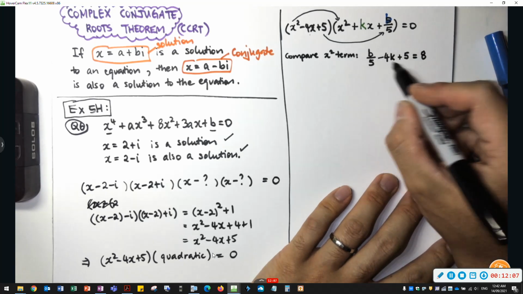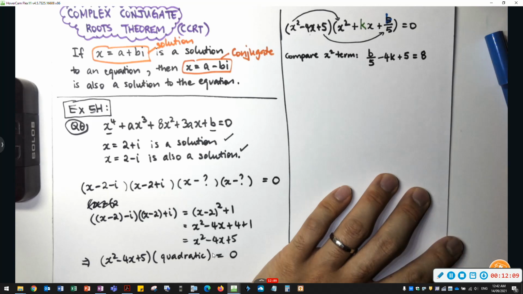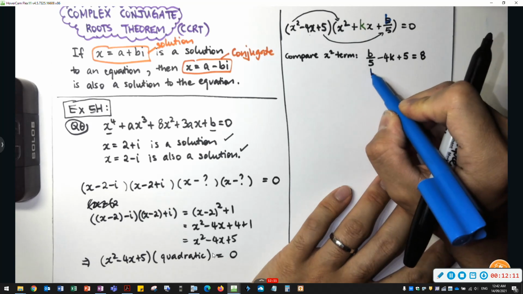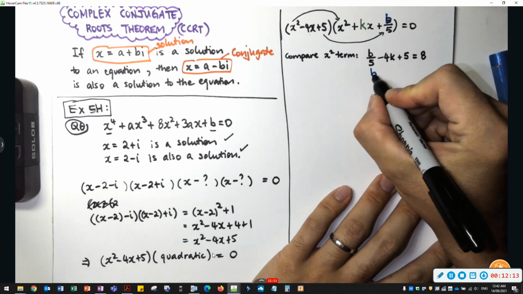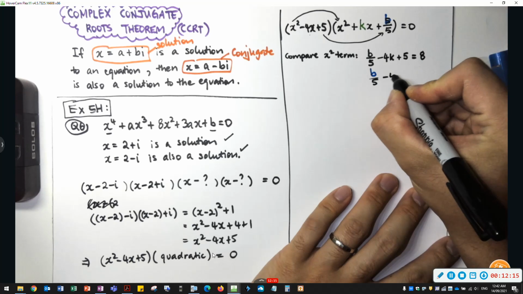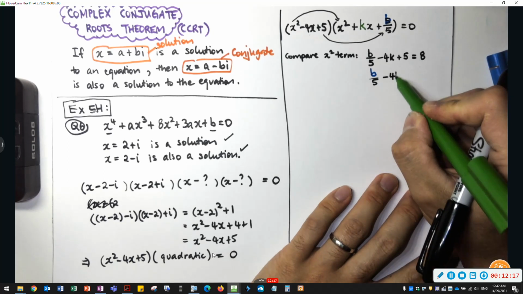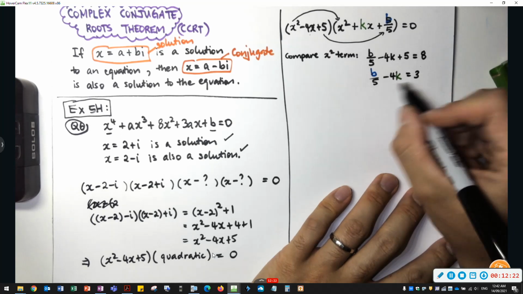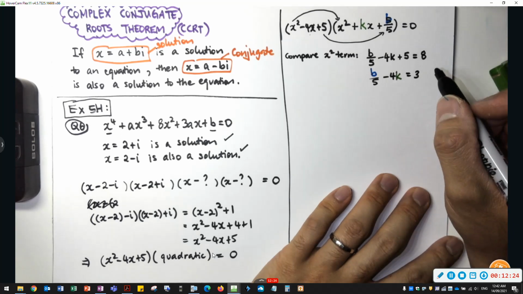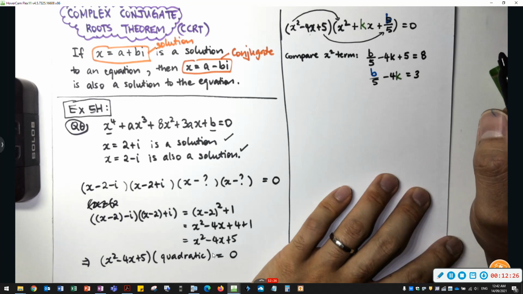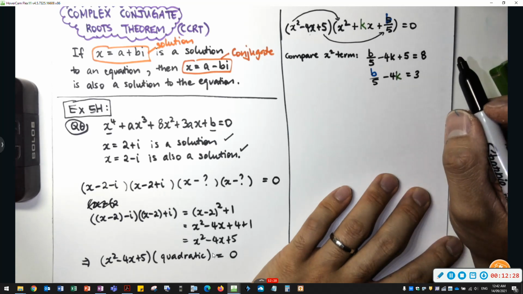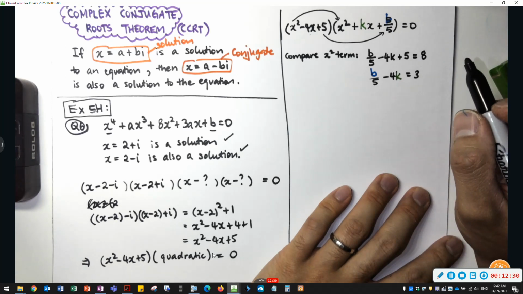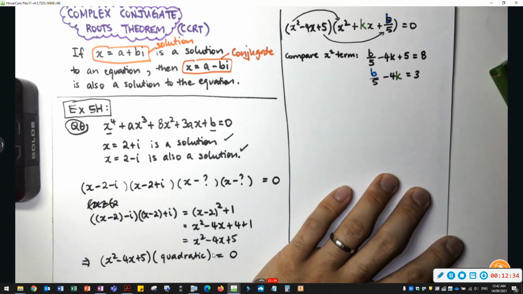Okay, so if I just fix up this equation, I'm getting b over 5 minus 4k equals 3. Let's multiply everything by 5 just to have nice numbers. Oh no, we'll do it so that we can get a single b on its own.